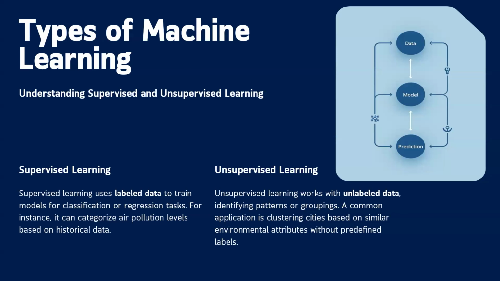First of all, there are two very important terms: the types of machine learning, supervised and unsupervised. Supervised learning uses labeled data to train the model. We include input features and a labeled output so the model knows what the correct answer looks like during training.